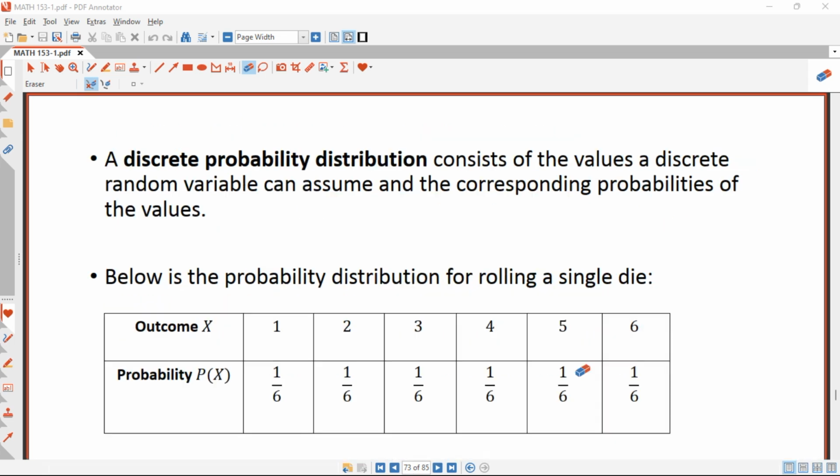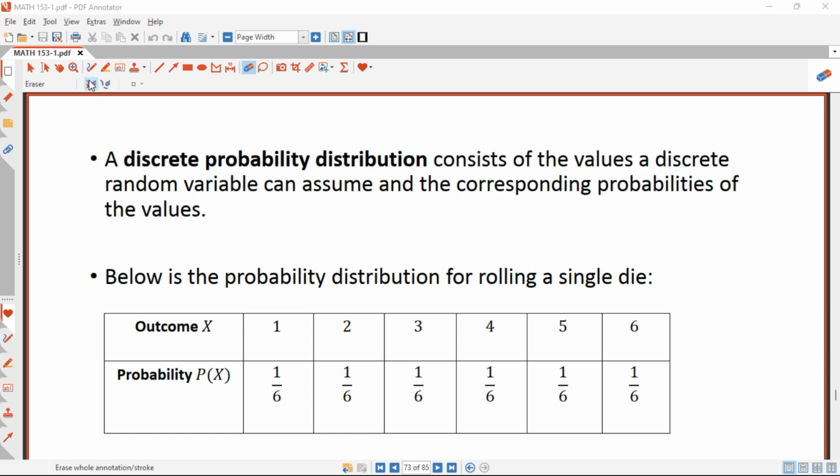A discrete probability distribution consists of the values a discrete random variable can assume and the corresponding probabilities of those values. Let me use this example to explain the concept to you. Below is a probability distribution for rolling a single die.